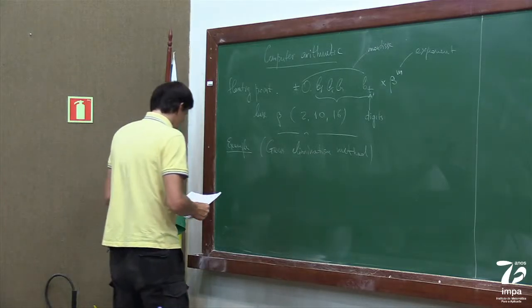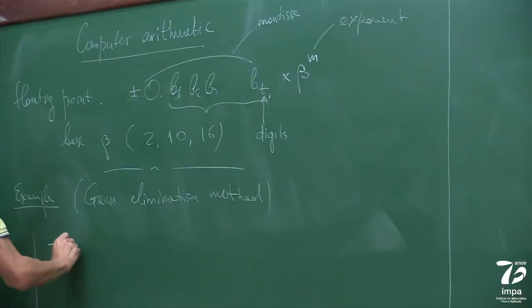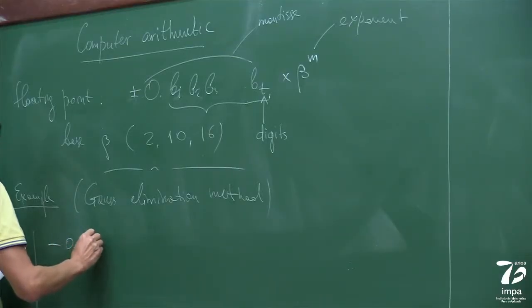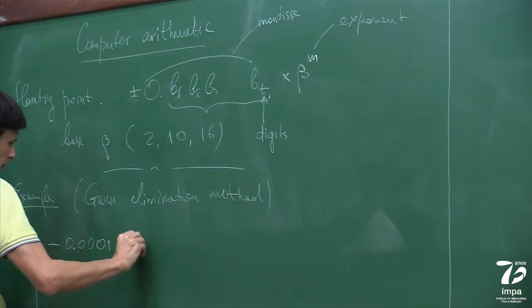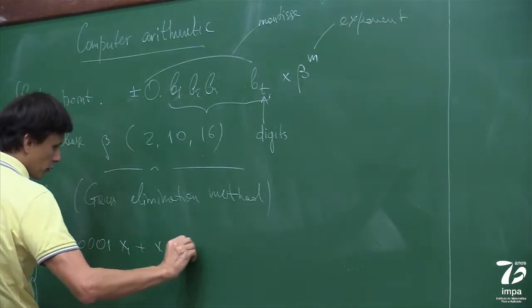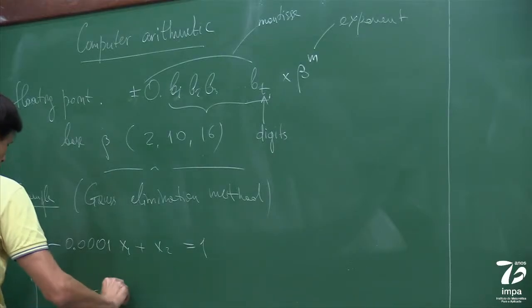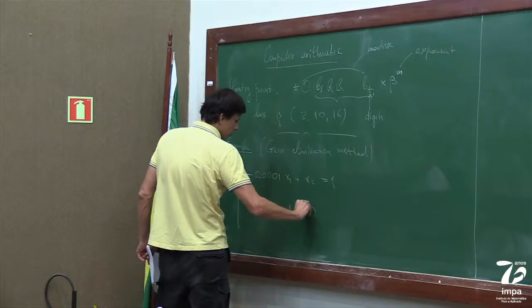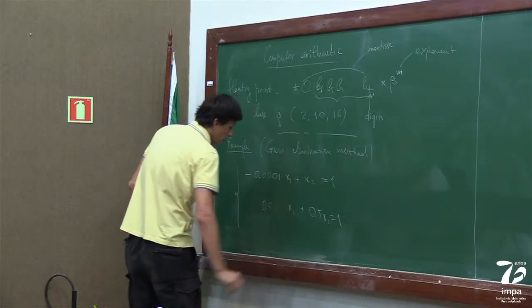And what we do is we try to solve the system where it will be minus 0.001 x1 plus x2 equal 1, and 0.5 x1 plus 0.5 x2 equal 1.